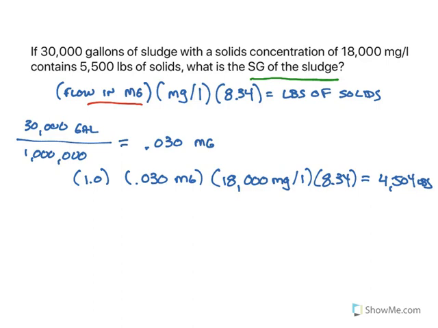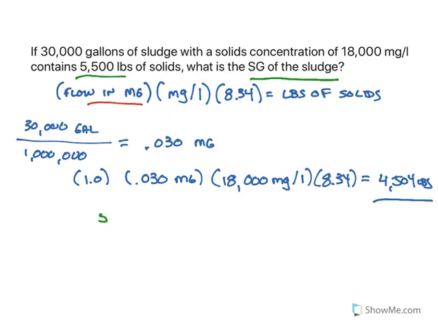It's going to be denser than water. So now that I have what my theoretical pounds would be with a specific gravity of 1, I can compare my 5,500 pounds of solids, and that will help me determine what the specific gravity is.